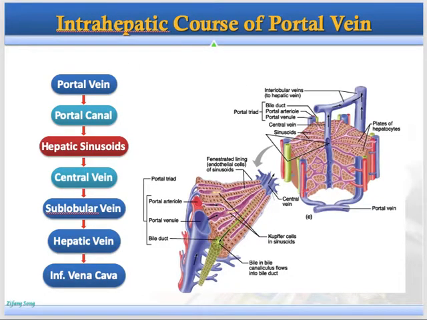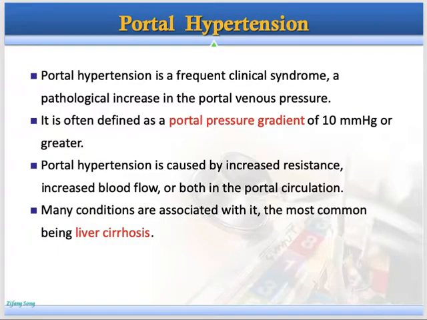Now the point to mention here is, what is portal hypertension? The normal portal venous pressure is around 5 to 10 millimeters of mercury, and this is the pressure where very little blood is shunted from the portal venous system into the systemic circulation, right?